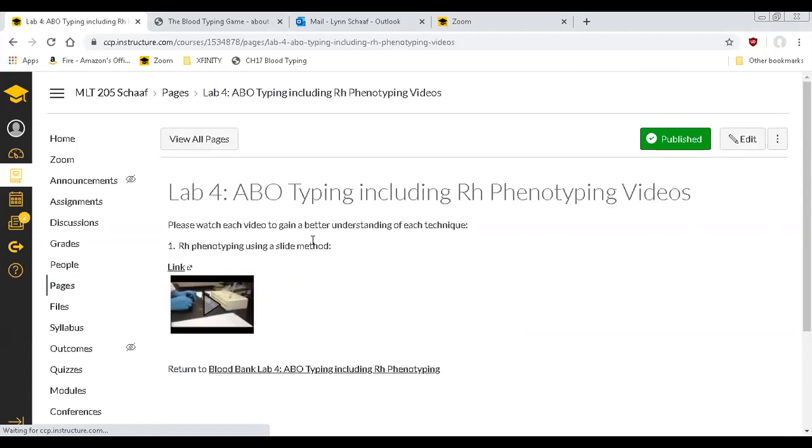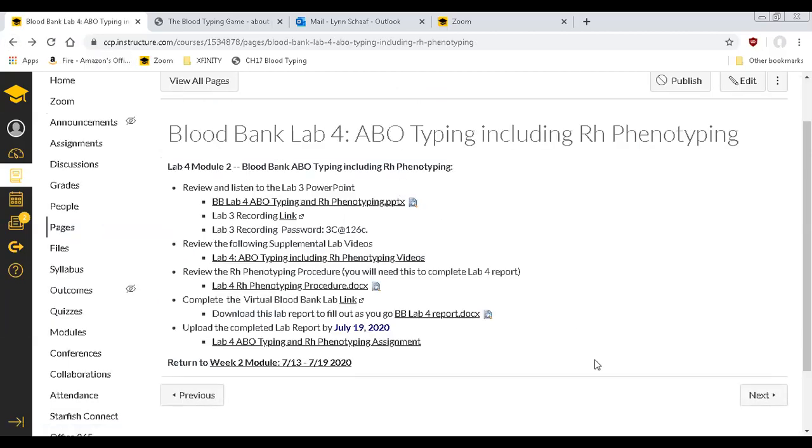And so when you do look at this video, you're going to see that they're using the same anti-sera we talked about. However, they're doing the testing on a slide, and looking for the agglutination that way. So it's a little bit different than how most people do it, but that was the only video that I was able to find.